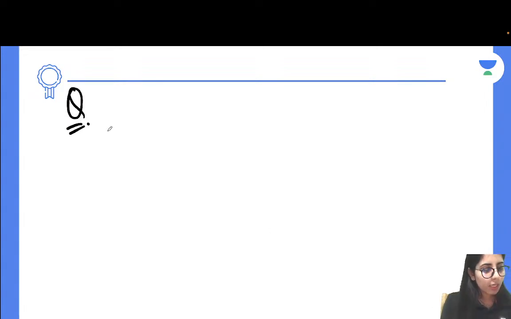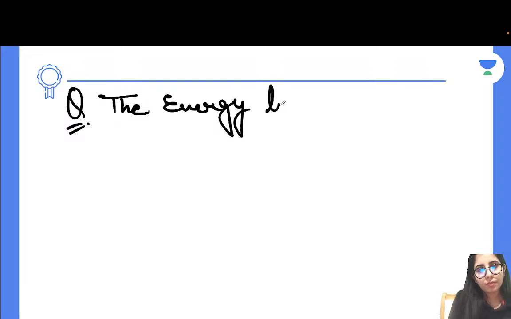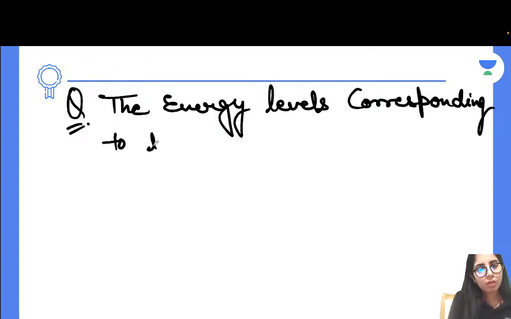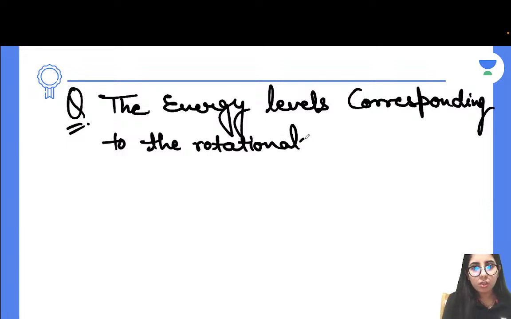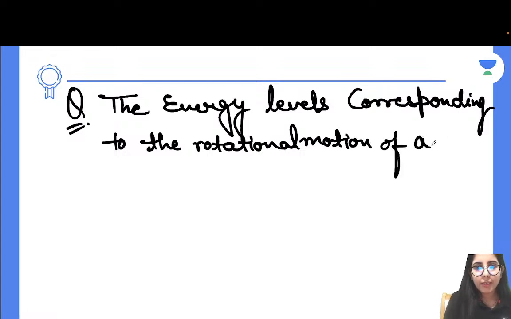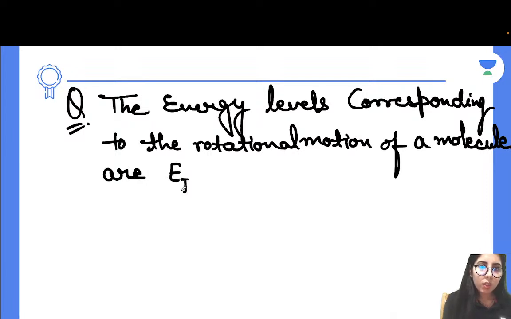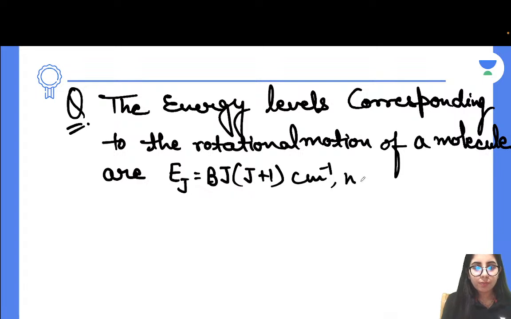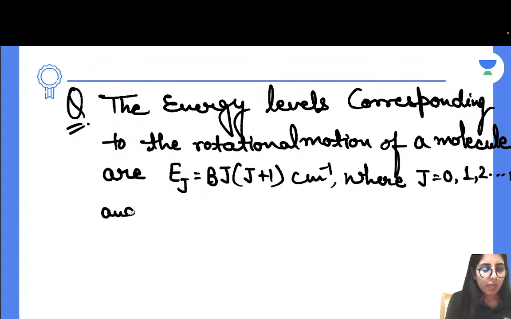Okay guys, next question. The energy levels corresponding to the rotational motion of a molecule are E_J = B J(J+1) cm⁻¹, where J = 0, 1, 2 and so on, and B is a constant.